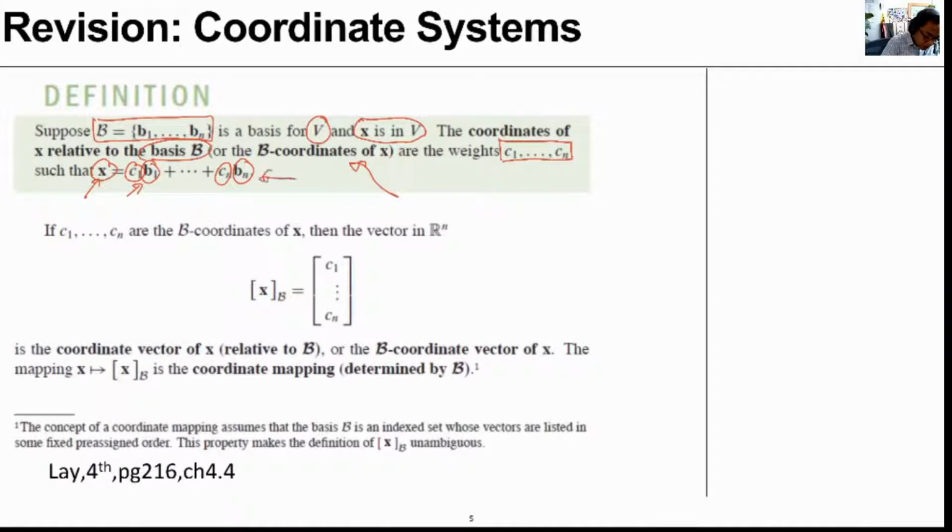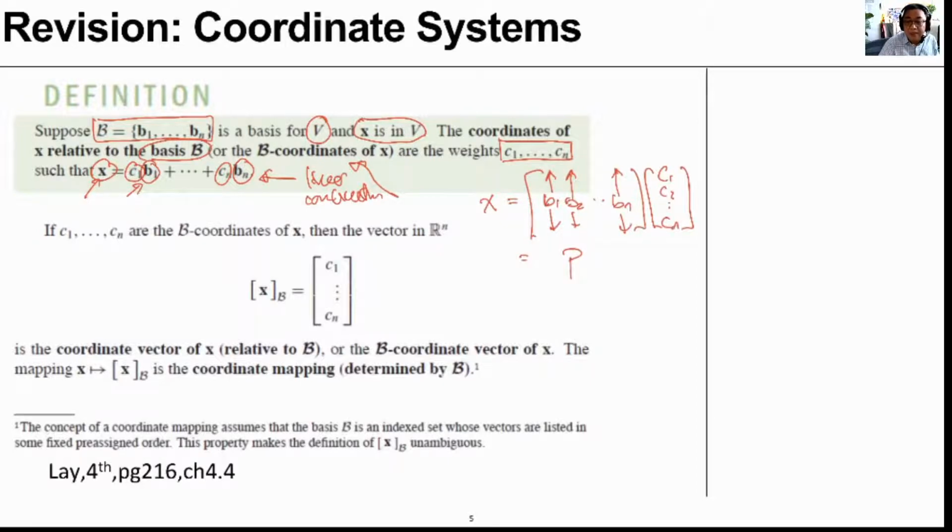So this is the linear combination. And again, the representation is x, the original vector, is B1, B2 to Bn, linearly combining with C1, C2 to Cn, or, as in the previous slide, we show it as P_B, representing the B basis, multiplying the C vector.